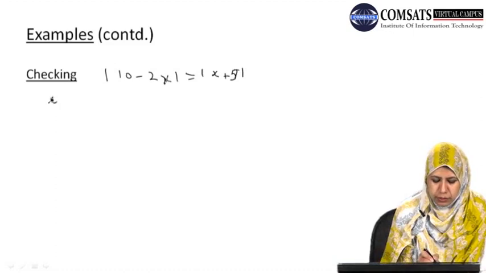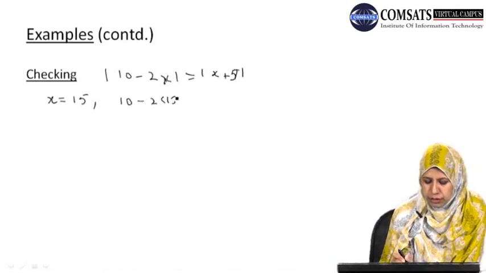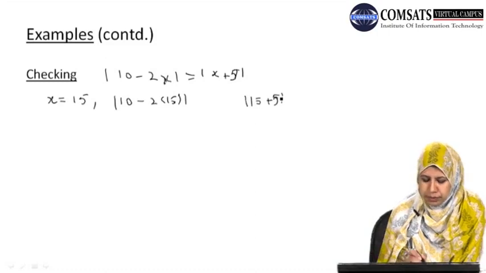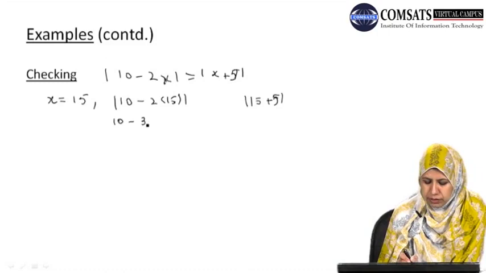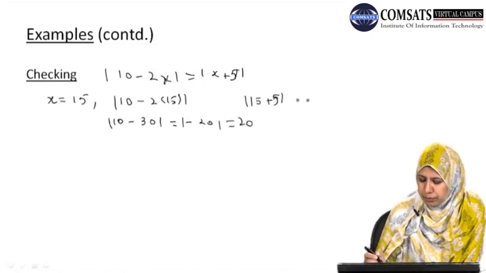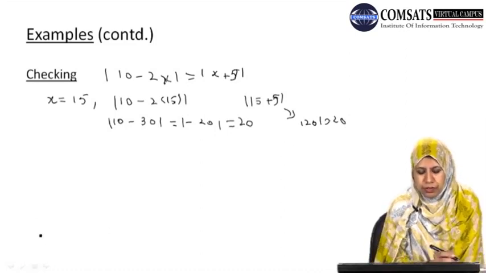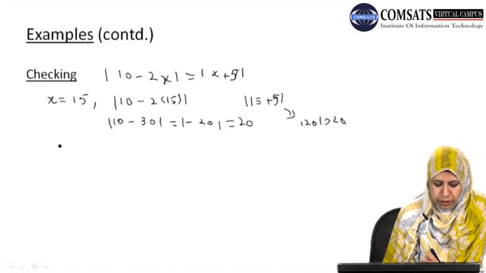Now if x is equal to 15, what we get, 10 minus 2 into 15, and the right side will be 15 plus 5 absolute value. We get 10 minus 30, which is minus 20 absolute, which is equal to 20. And from this side we obtain absolute of 20, which is 20. So x is equal to 15 satisfies our absolute value equality.